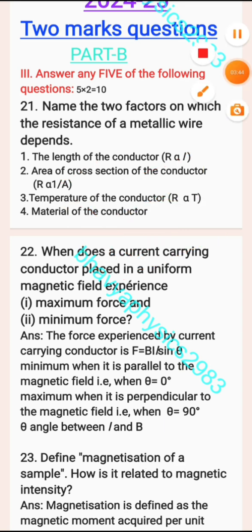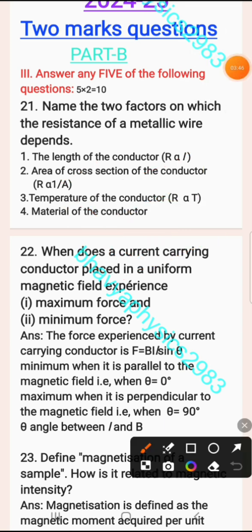And the third point is temperature. Temperature is nothing but thermal energy here. When you heat this metallic wire, each electron absorbs energy and its temperature increases. When the thermal energy or internal energy increases, the movement of the electron increases.